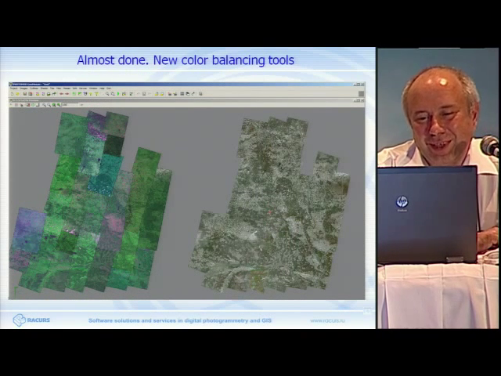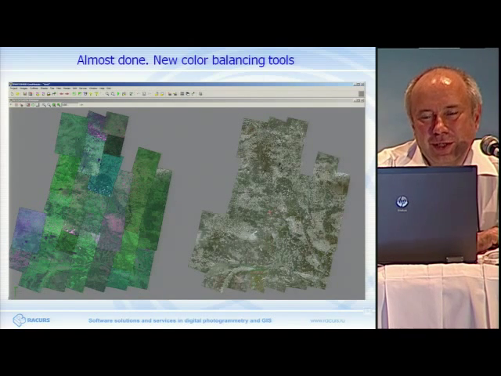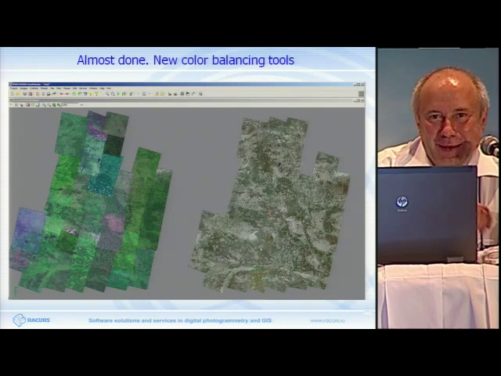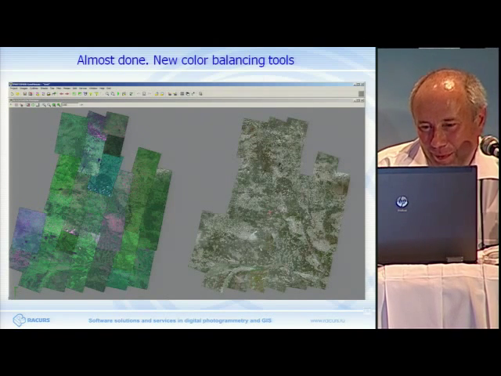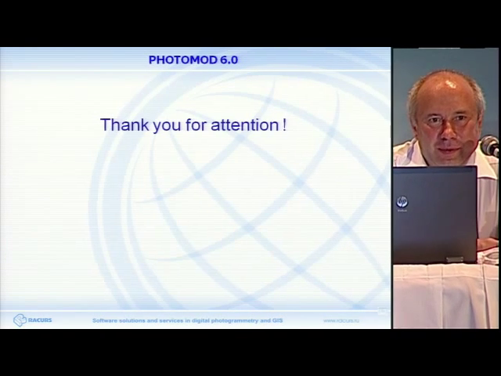Also, we almost have a new color balancing tool which was tested on some production projects in the Crimea. And soon it will be provided to end users. Well, that about does it. That's all I wanted to share with you about 6.0 and 6.0.x. Do you have any questions?